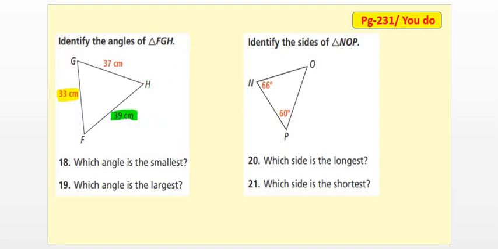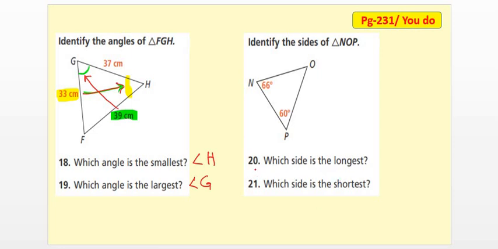That means the angle opposite to 33 will be the smallest, and the angle opposite to the largest side will be the largest. Clear? So 33 is going with angle H. So let me draw it. Okay, so 33 is going with angle H. That means the smallest angle is angle H. And then if you want to find the largest angle, the largest side is giving us the largest angle, it's angle G. They are opposite to each other.